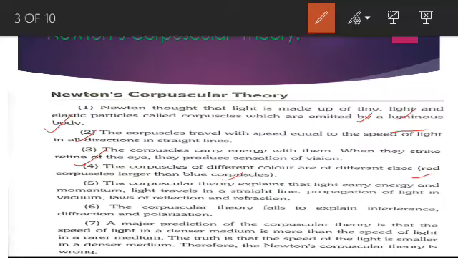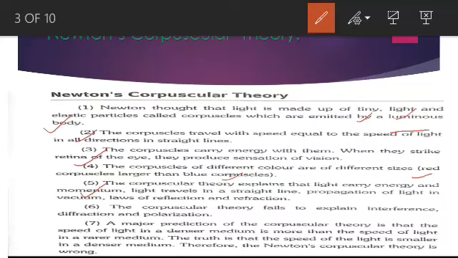And Newton also said in the corpuscular theory that the velocity or the speed of light is more in a denser medium. So these are the basic postulates of Newton, which explain different properties of light.